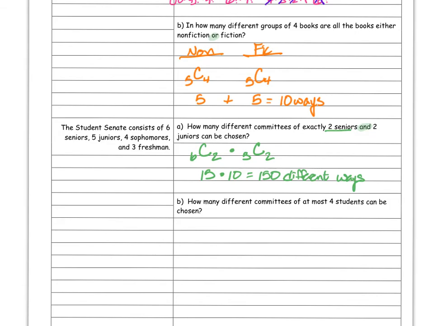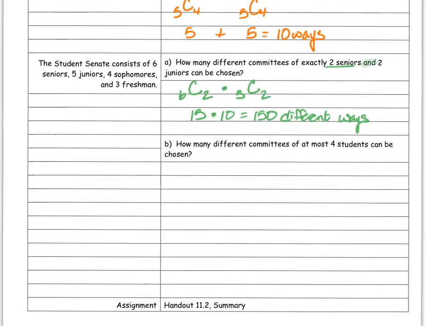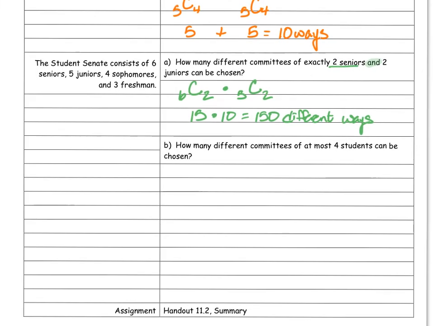All right, so now we're going to come down to this last one here, and we're going to read it. How many different committees of at most 4 students can be chosen? I'm going to pause here a moment and pay attention to these words, at most. Well, that means there can be a committee of 4, a committee of 3, a committee of 2, and technically a committee of 1.